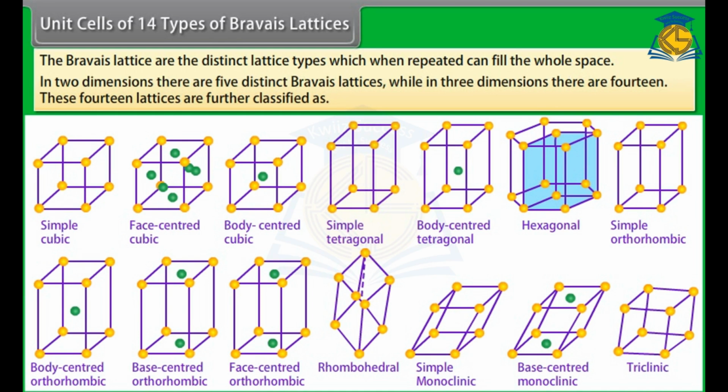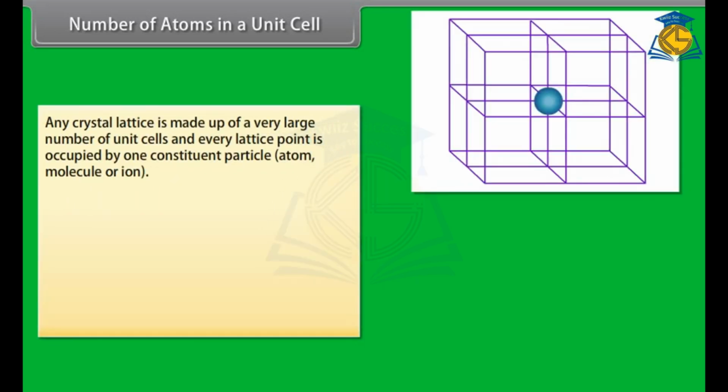These 14 lattices are further classified by the number of atoms in a unit cell. Any crystal lattice is made up of a very large number of unit cells, and every lattice point is occupied by one constituent particle: atom, molecule or ion.